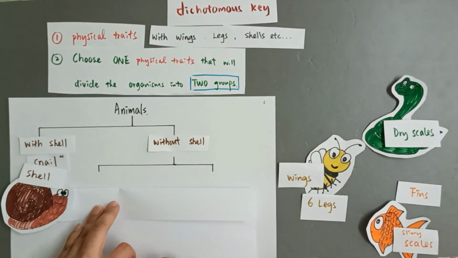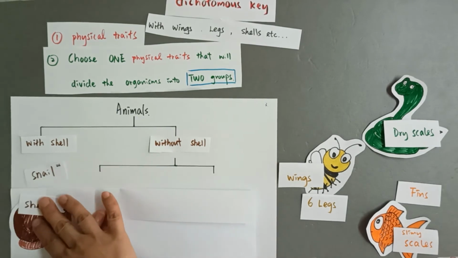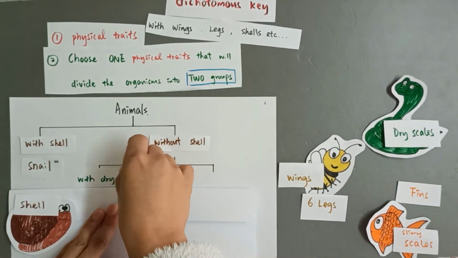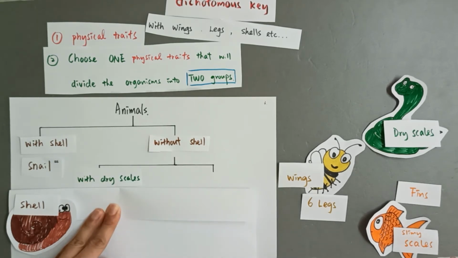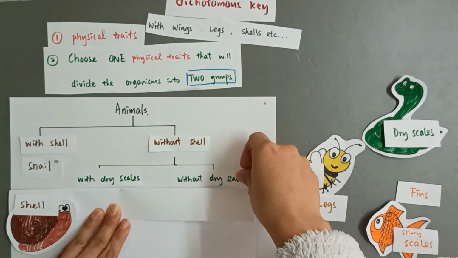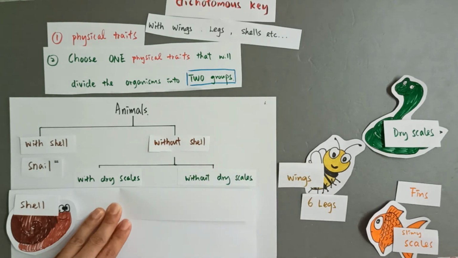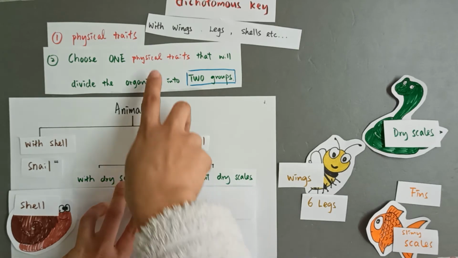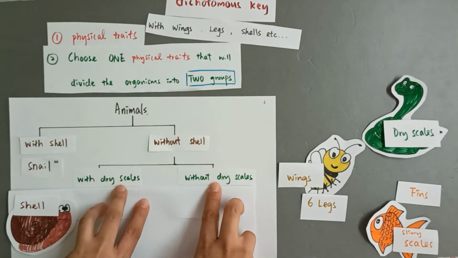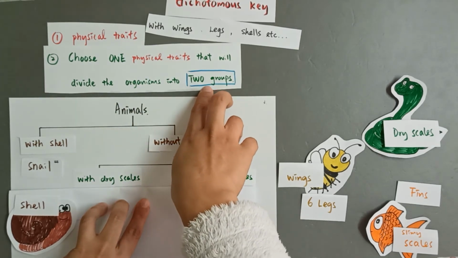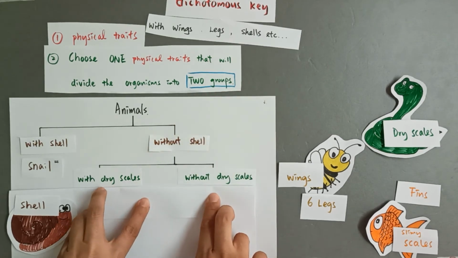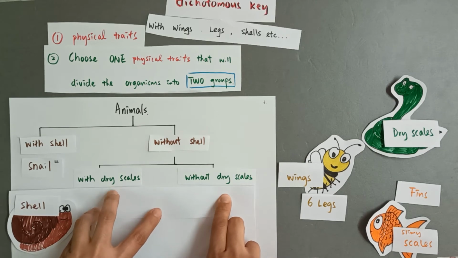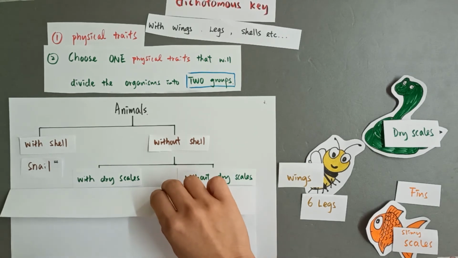If the second trait is dry scale, the first group will be with dry scale, and the second group will be without dry scale. So this time the physical trait is dry scale, and the two groups are with dry scale and without dry scale. Okay? Then we move on.